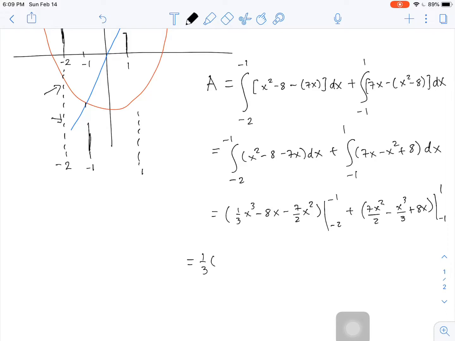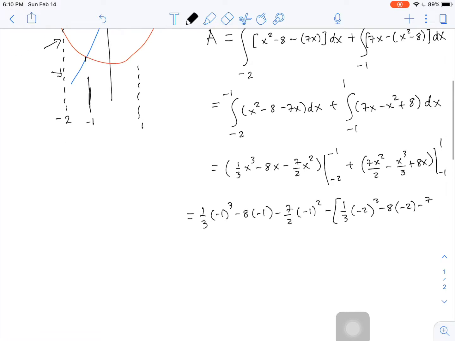If you plug in the numbers, put -1: -1 cubed over 3 plus 8 times -1 minus 7/2 times -1 squared. Now you put the -2: -2 cubed over 3 plus 8 times -2 minus 7/2 times -2 squared.